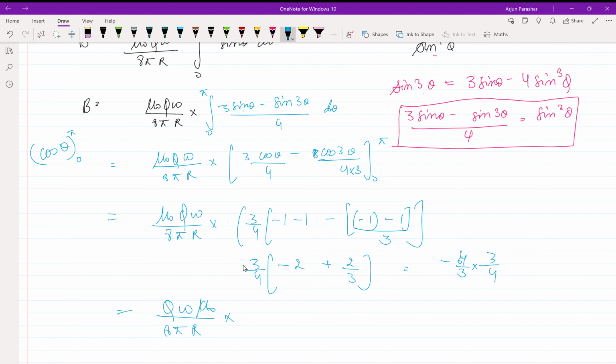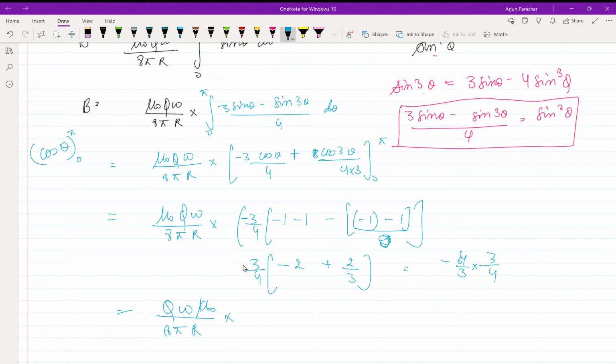The integration of sin theta is minus cos. So this will become plus. So if I take 3 by 4 common, it will become 9 here, and one negative sign will also be there. So I'll take the negative sign common, and then simply we can plug in the values.